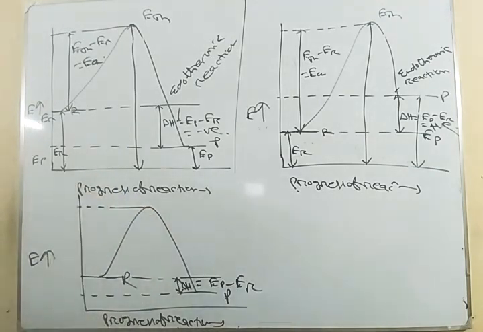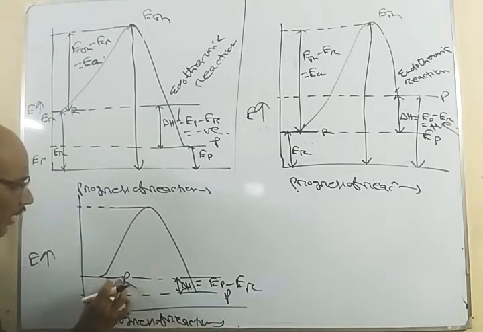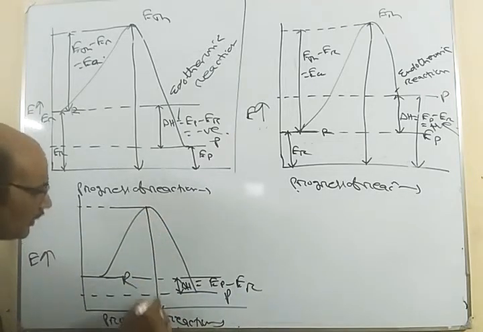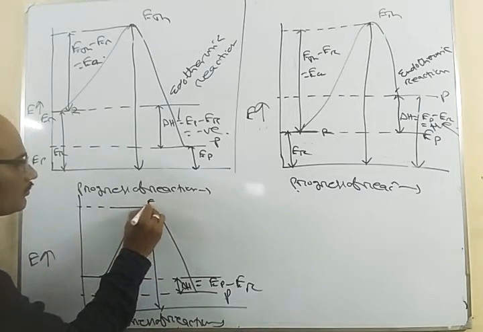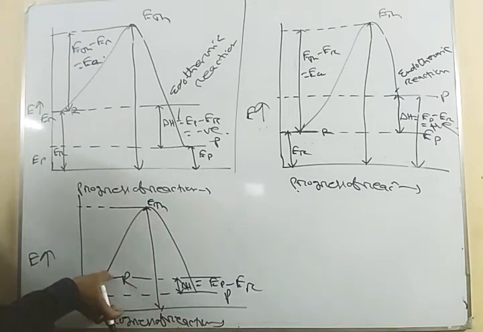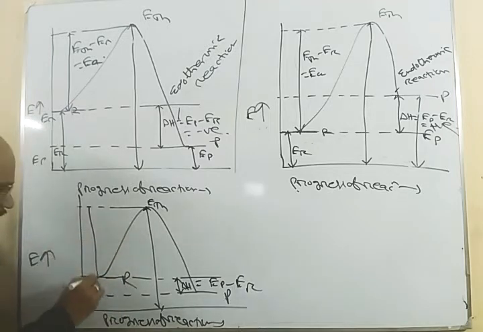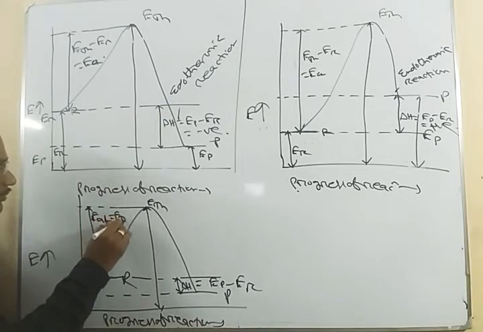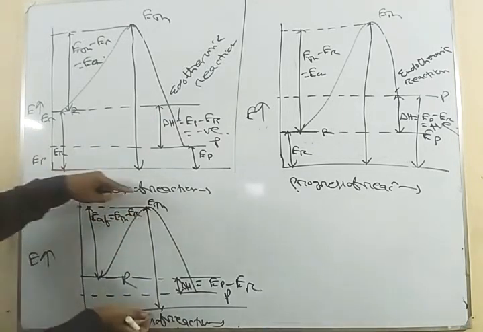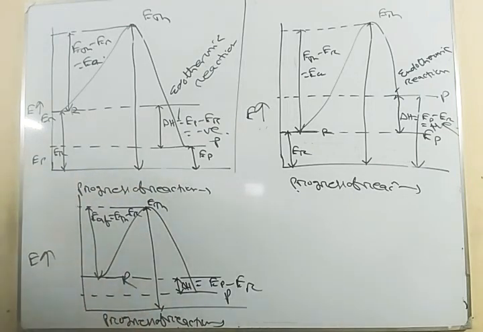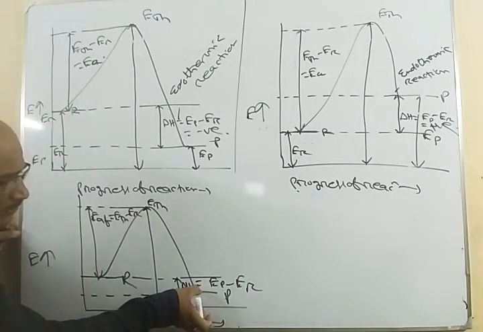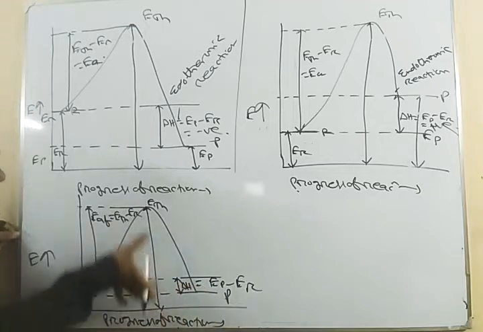Now see, when I am taking the forward reaction from R to P, this is the ETH and this is your ER, and this is called what? Your EAF equals ETH minus ER. Now when I go for the backward reaction, this is the reactant, EP, and this is the ETH.